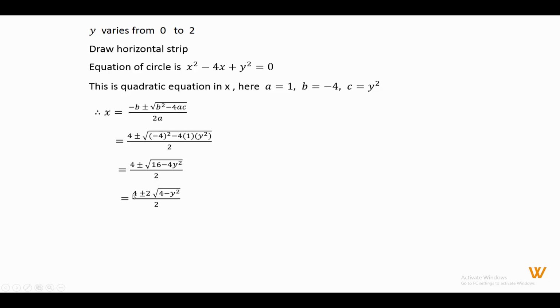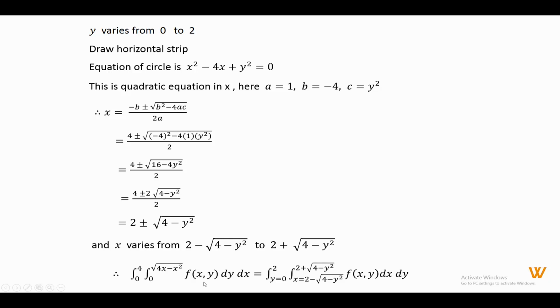Separating the two terms, 4 upon 2 is 2, plus or minus square root of 4 minus y square. Therefore x varies from 2 minus square root of 4 minus y square to 2 plus square root of 4 minus y square. Therefore the given integration equals the integral with y from 0 to 2 and x from 2 minus square root of 4 minus y square to 2 plus square root of 4 minus y square, f of xy dx dy. This is the change of order of integration.